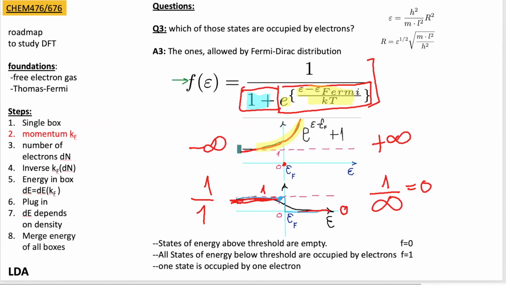Then if the argument equals minus infinity, it will be 1 divided by 1, which is 1. If I go to plus infinity, it will be 1 divided by infinity, and it will be 0. And in the middle, there will be a transition, right? If the temperature parameter tends to 0, then instead of this continuous function, it will be just a step function.